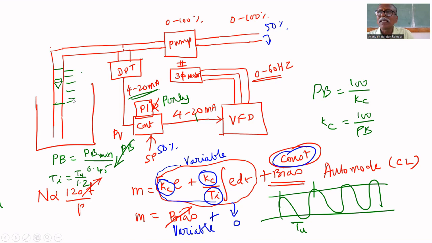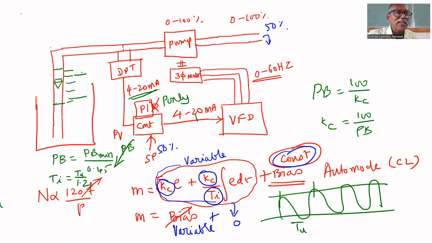If it exhibits sustained oscillation, and the flow rate is increasing and decreasing, what will happen to the bob? It goes up and comes down, again goes up, then comes down. But it should go to a particular mark and come down to a particular mark. Then only it is sustained oscillation.